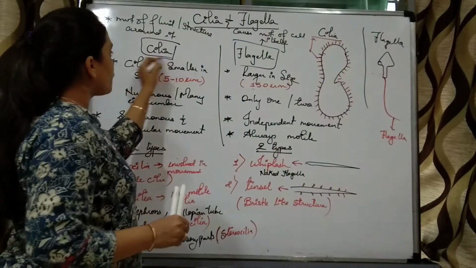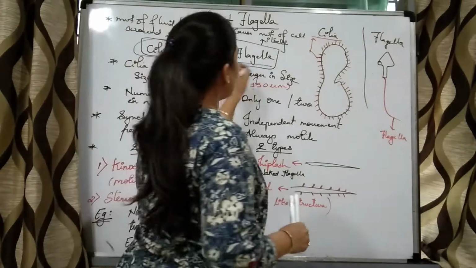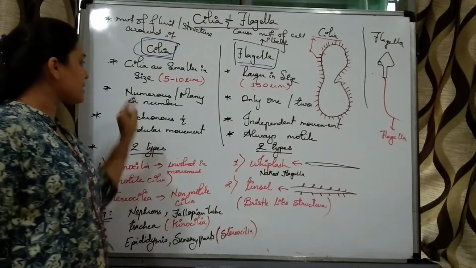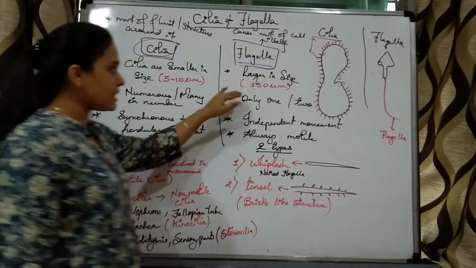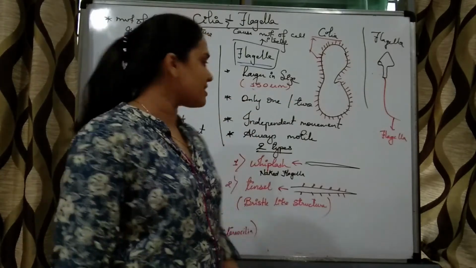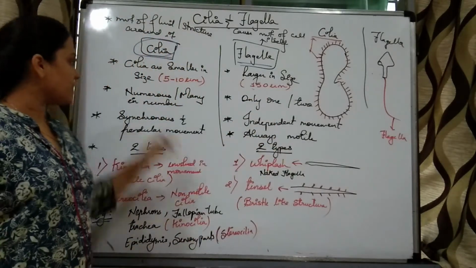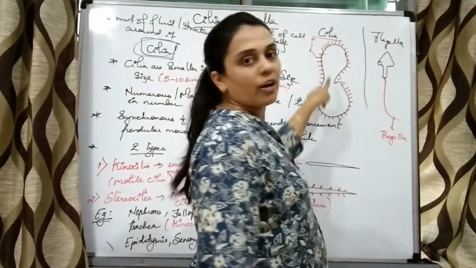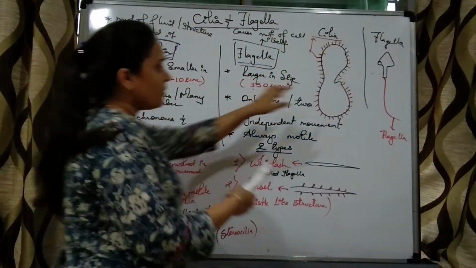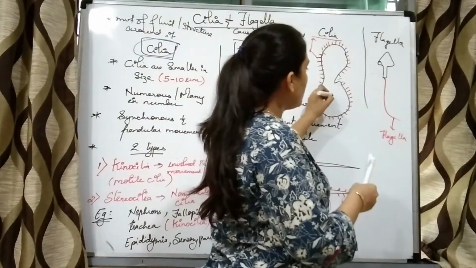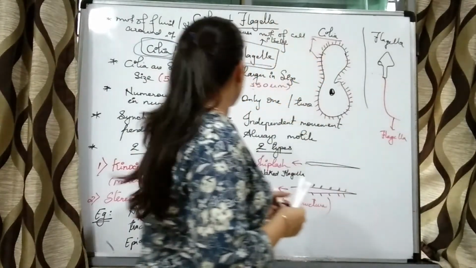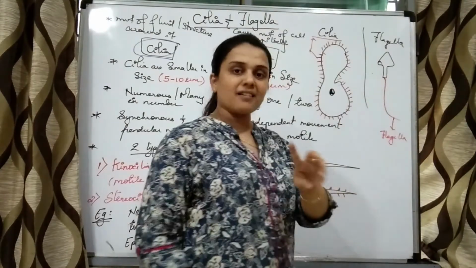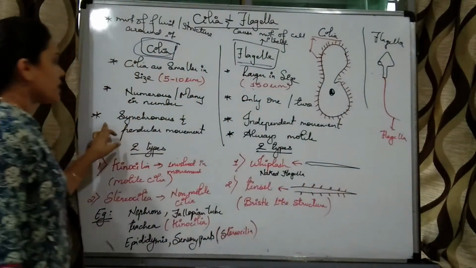So we are talking of the differences between cilia and flagella. Cilia are smaller in size, 5 to 10 micrometers. Flagella are larger in size, 150 micrometers. Cilia are numerous and present all over the body surface, as in the diagram of a paramecium, whereas flagella is only single or two flagella are present.